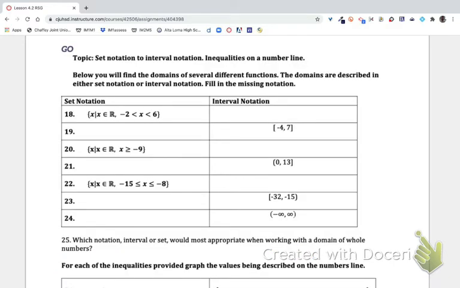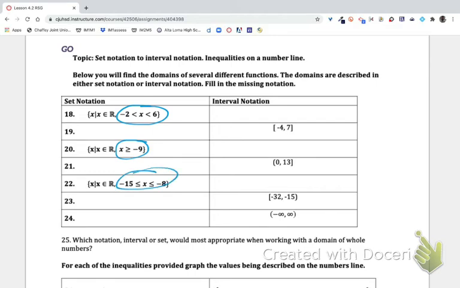All right, for the go, it's that reflection back on what we had done in a previous module. And the big thing here is knowing your number set, your set notation, being able to rewrite it into interval notation or the other way around. So for interval notation here, the big hints are in my set notation.